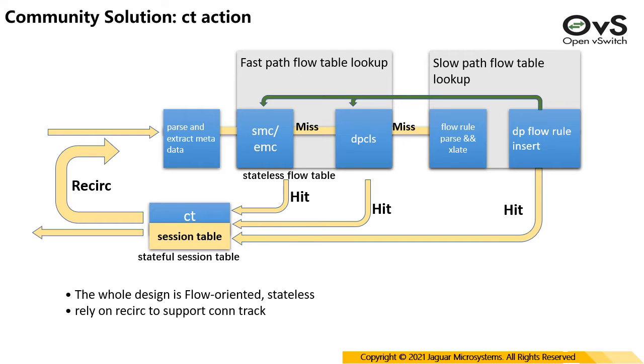Thus, to support connection tracking, we create a new session table and maintain it inside the CT action. So the whole pipeline turns into matching based on the stateless flow table to figure out what actions need to be applied to the packet, then updating the connection state in the CT action and recirculating back to match based on the new connection state. Connection tracking has to rely on recirculation based on the current design.